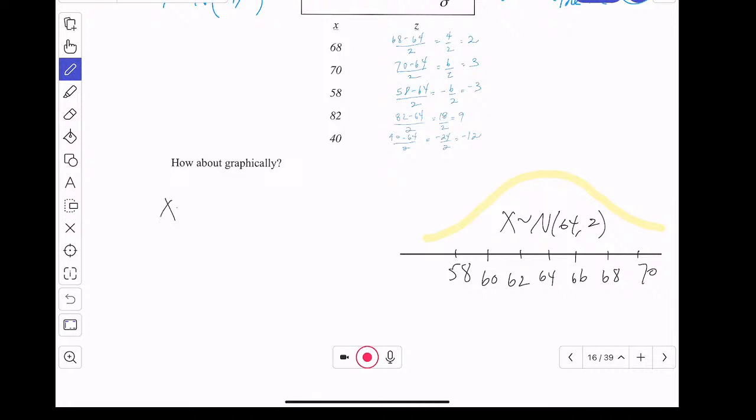So I'm going to take x minus mu, and when I do that, it means take every single value of the distribution and subtract off the mean.